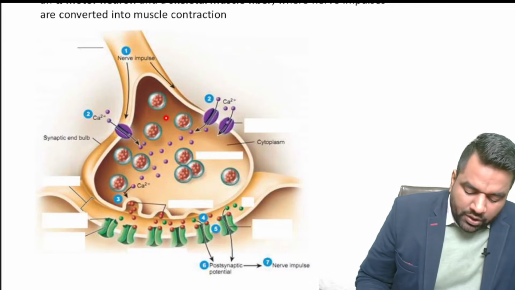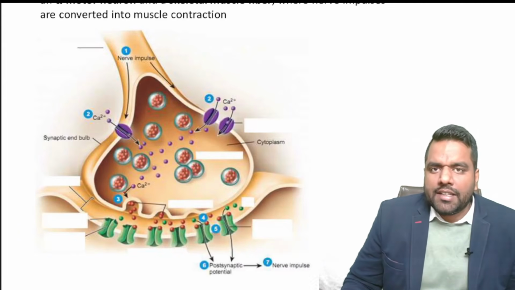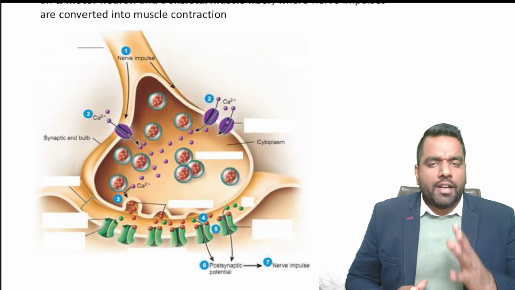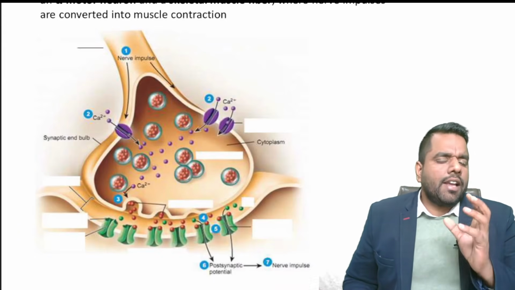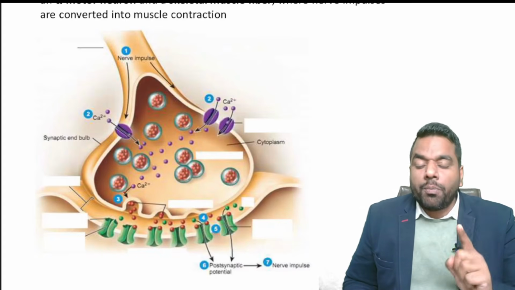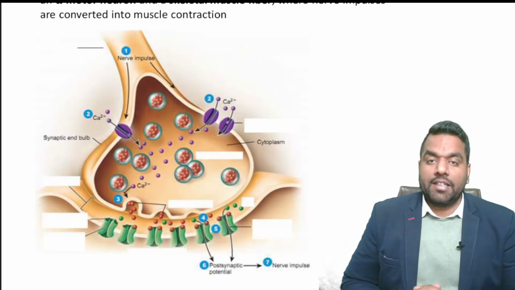This axon terminal contains special calcium channels over here. These calcium channels are sensitive to the action potential, and whenever the action potential comes into this area, these calcium channels open. Because these channels open due to the current, we call them voltage gated calcium channels.